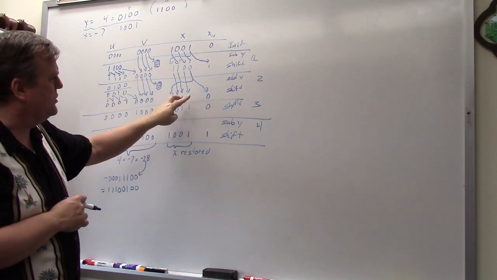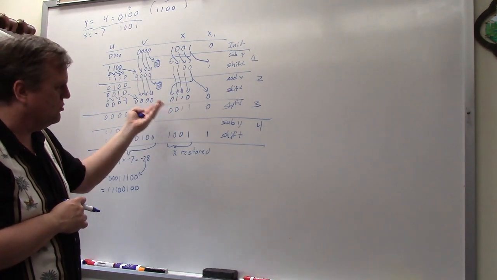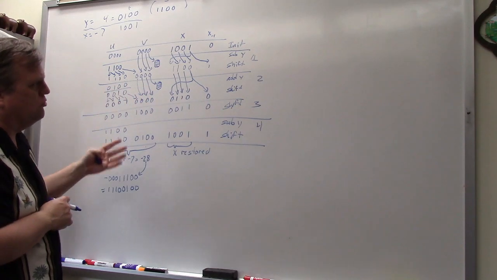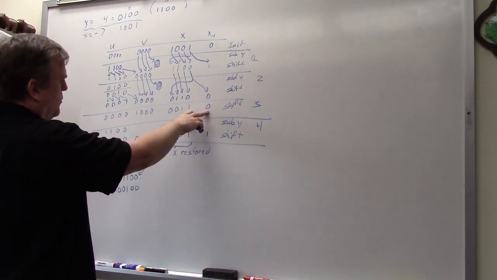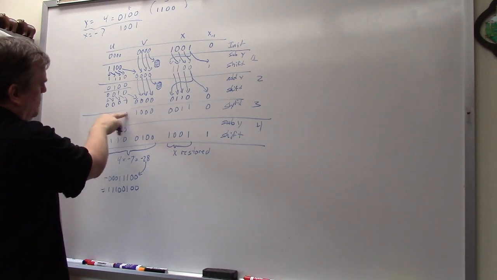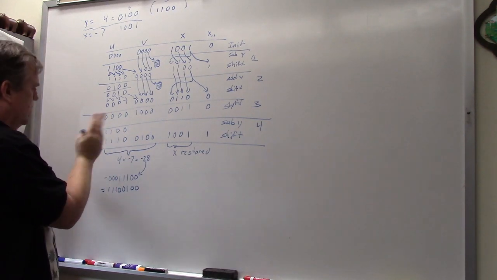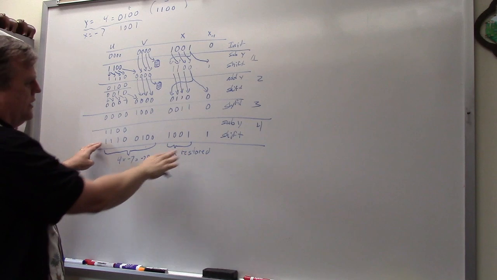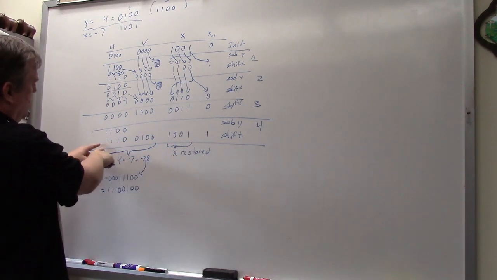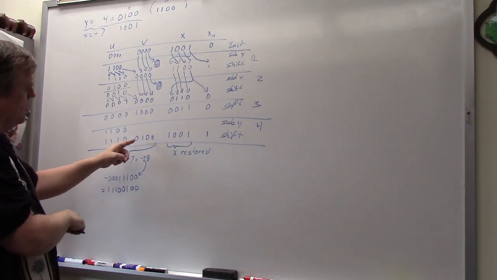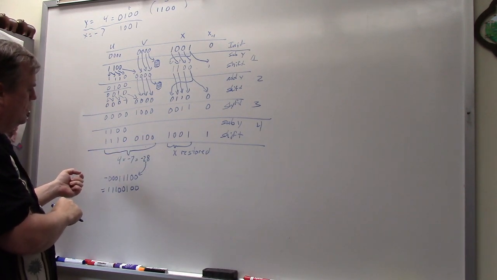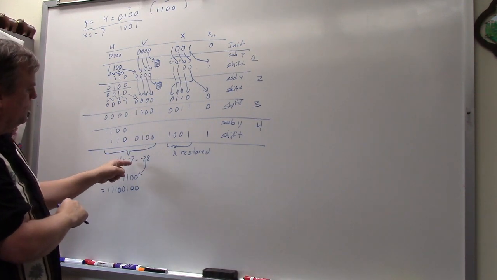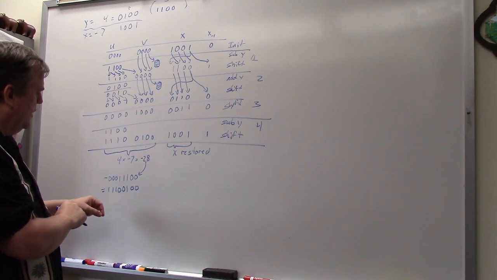When you get to the next step after the shift, it's 0, 0, so they're the same, so you don't do either an add or a subtract, you just shift again. You end up with 1, 0, so one more subtraction, but it's all zeros in the U, so that's very easy. And then you do your last shift, and you end up with 1, 1, 1, 0, 0, 1, 0, 0 as your answer. Since we're doing 4 times negative 7, it should be negative 28.